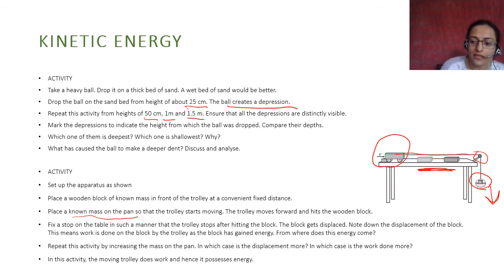Now this is force से it is moving. This gravitational force which is acting on this object here, उसी force से ये भी यहाँ से move करेगा, and therefore it will stop somewhere that you have put a block, right? So work is done on the block by the trolley as the block has gained energy. From where does this energy come?